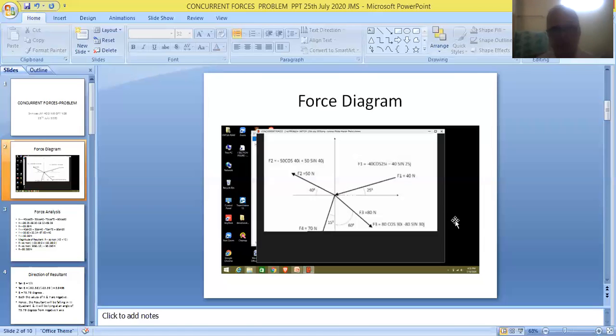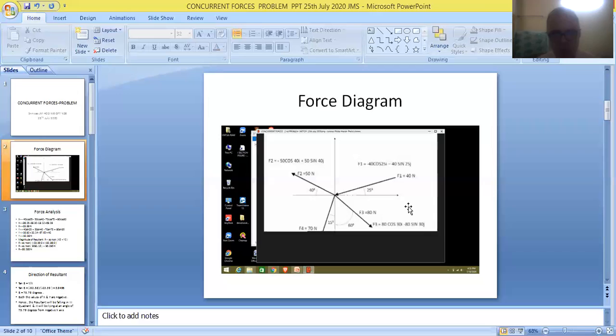So F is used for indicating the various forces, and the numerals 1, 2, 3 for indicating the first, second, third, and fourth forces respectively. And these values given in the problem are nothing but the magnitudes of different forces.